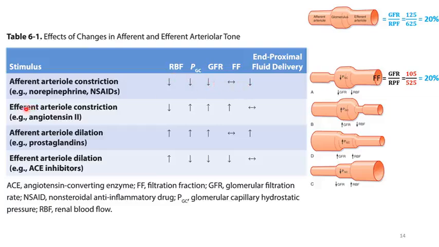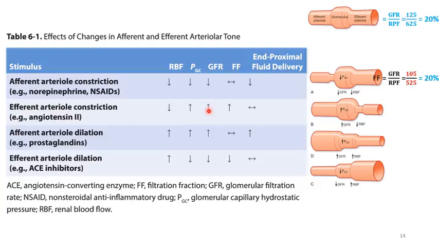The next condition is when the efferent arteriole is constricted or its resistance is increased due to the effect of angiotensin II. Angiotensin II has a constricting effect on the efferent arteriole. By its constriction, the hydrostatic pressure before this constriction will increase, even though the renal blood flow is decreased.